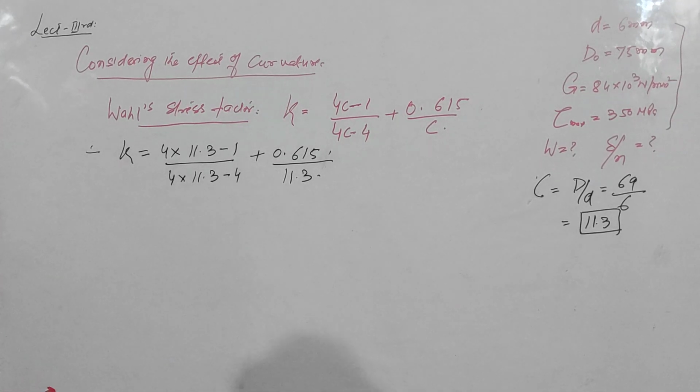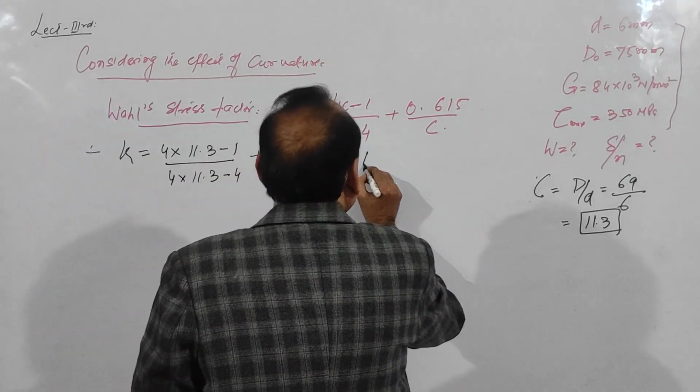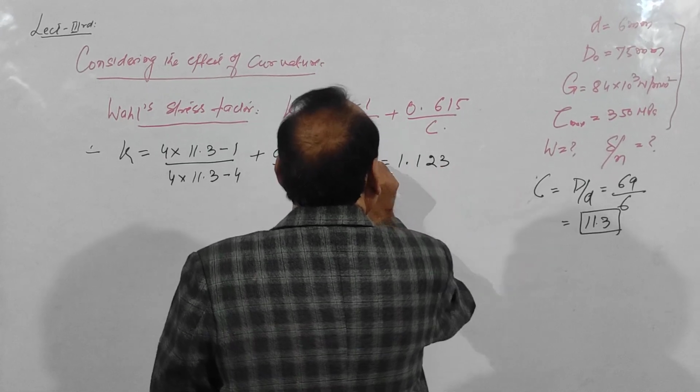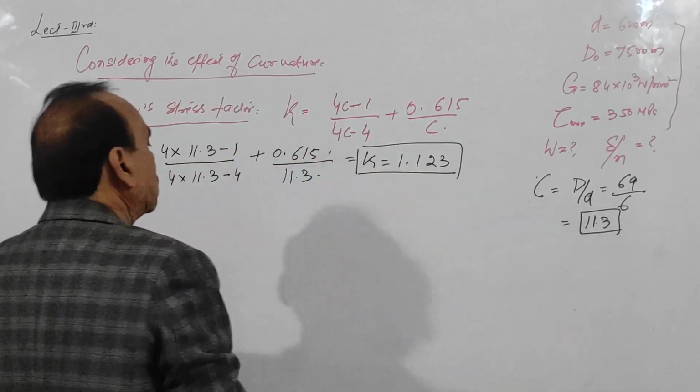So K is equal to 1.123. So this is your Wahl stress factor, right?